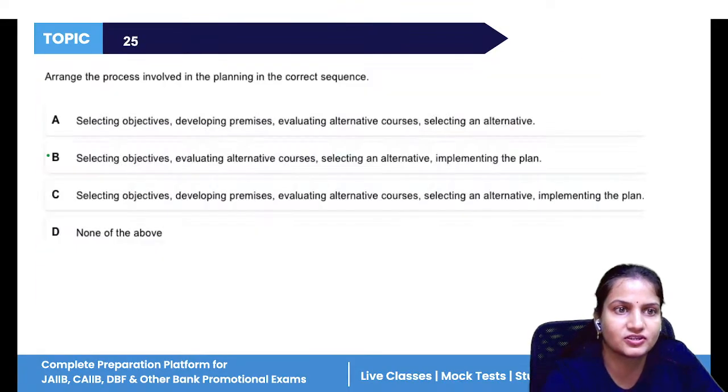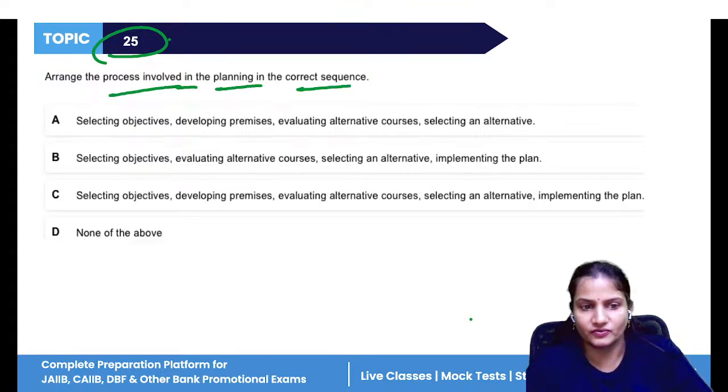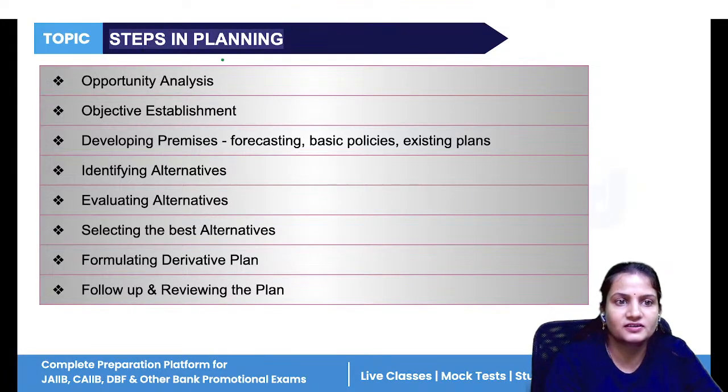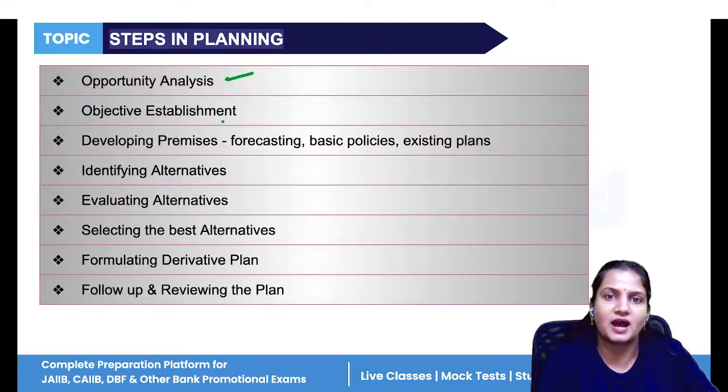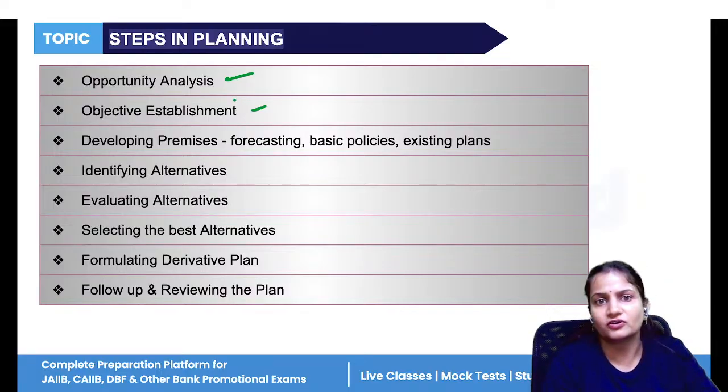Now, the last question of today's session, question number 25. You have to arrange the process of planning in the correct sequence. So, what is the process of planning? First, you will see the opportunities that you can grab for good planning. Then you will develop the objectives, that is, the motto and the targets of your company.